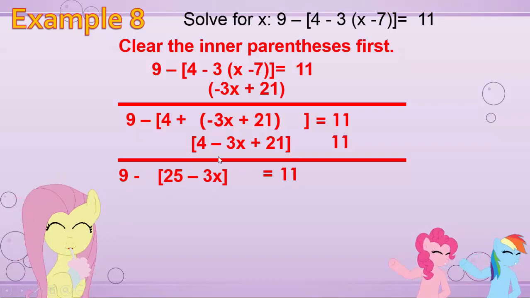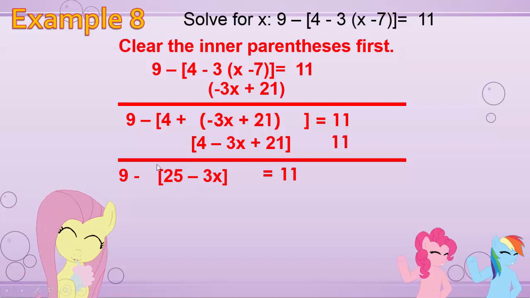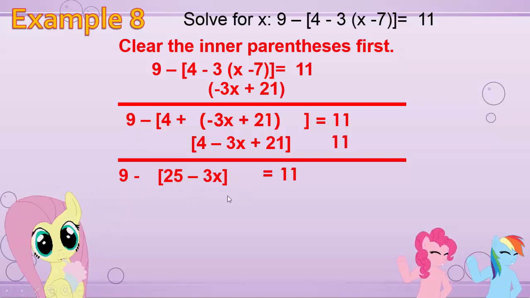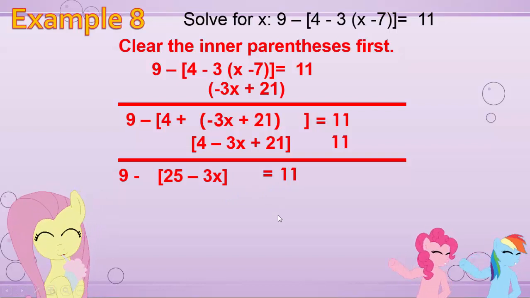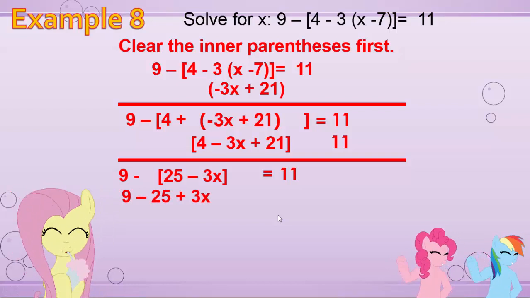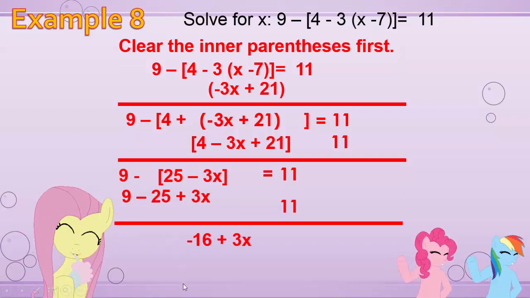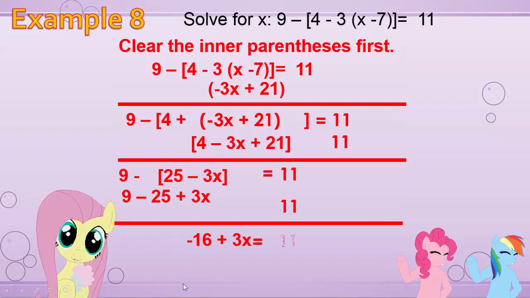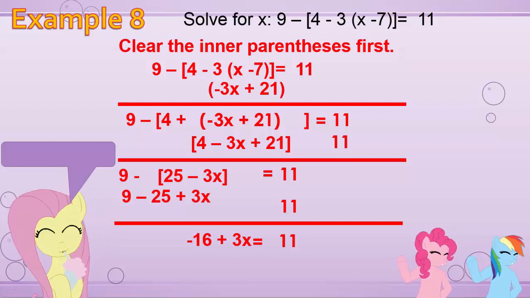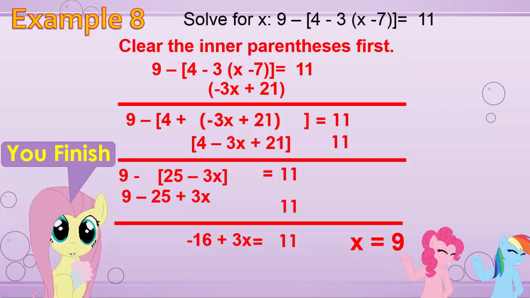And then we combined to get 9 minus bracket 25 minus 3x close bracket is equal to 11. We dropped the bracket, combined like terms, and then solved for x to find that x is equal to 9.